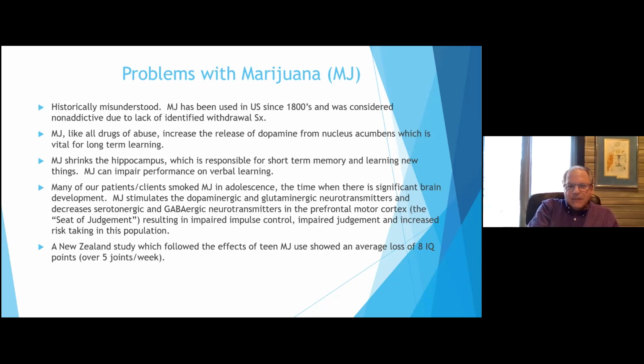So what happens is you have less coordination, more impaired impulse control, poor judgment, and increased risk taking, which is a really bad combination that we see in teenage marijuana use.